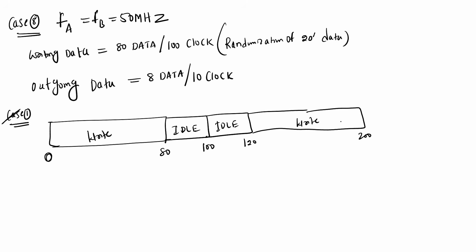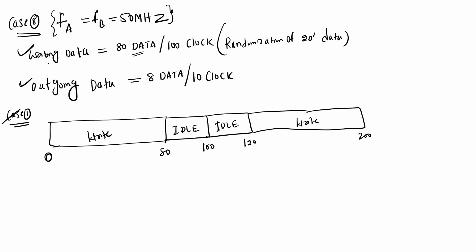Sir, what is this 80? 80, 100, 120 is a megahertz frequency? Data items. The given data is items. Sir, so the writing frequency is more than the reading frequency? No, both are the same. We are seeing the different cases. Why? Because here they gave it in terms of writing data and outgoing data.